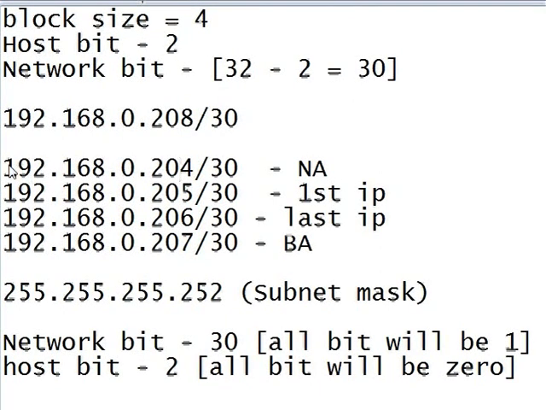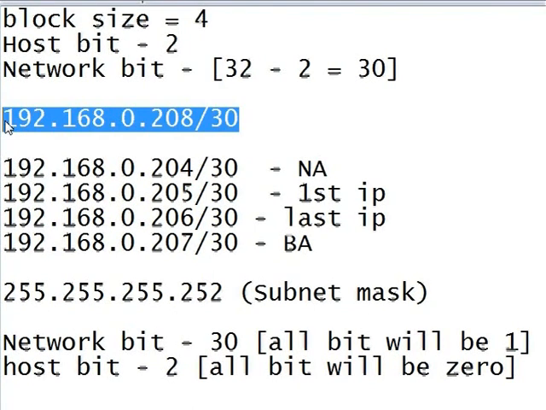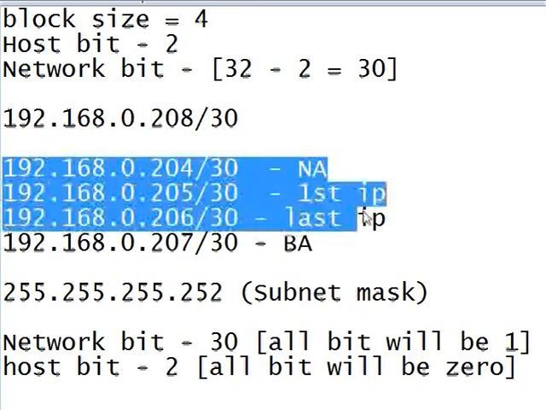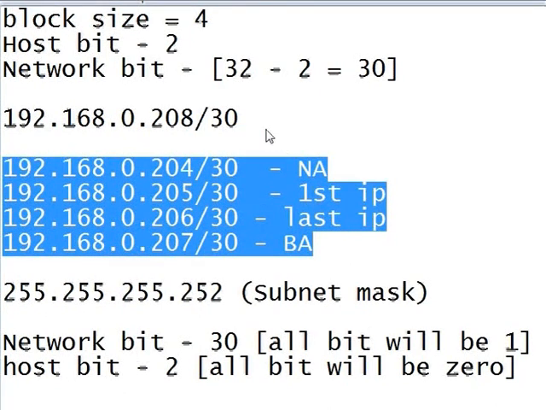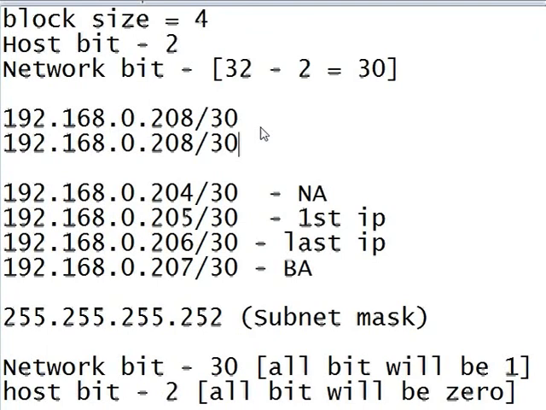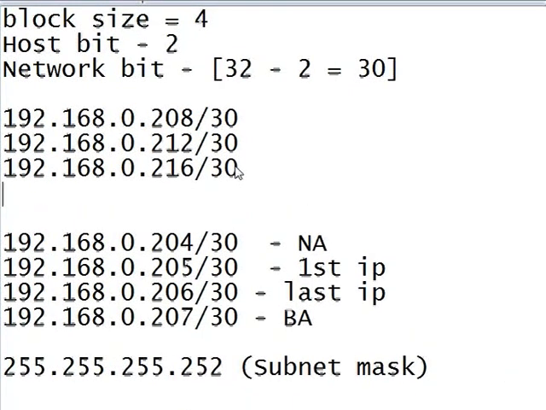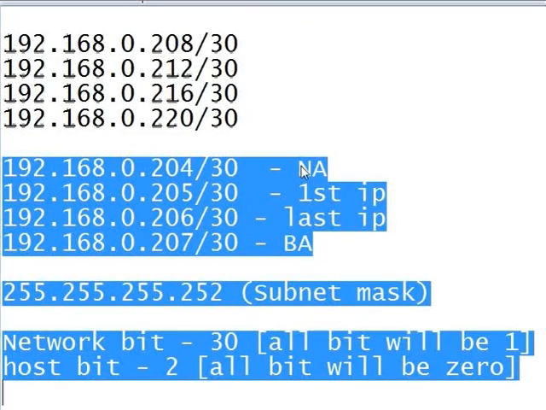You have to go for the calculations. So many subnetworks we can create. After 208 it will be 212, then 216, 220, continuing like that. So you have to keep on calculating all this. This is for 204, then you have to calculate for 208 and all those things.